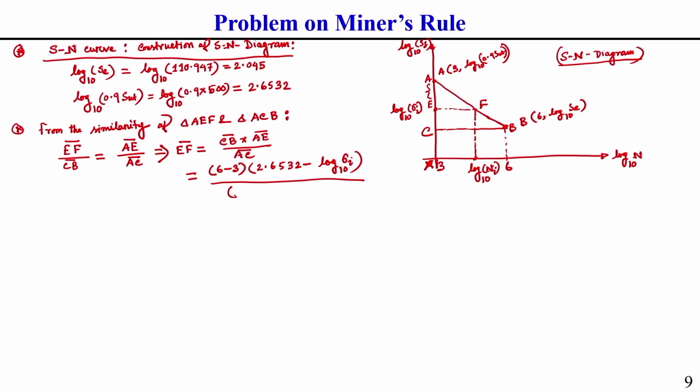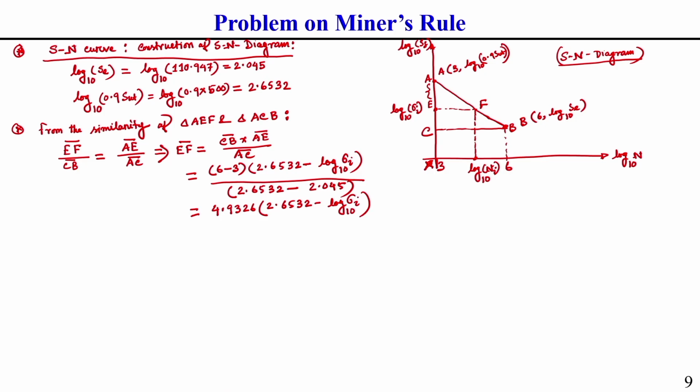AC is A, which is 2.6532, minus C, which is log endurance strength, 2.045, as already shown. If we do some calculation, this gives us 4.9326 into 2.6532 minus log 10 sigma i.